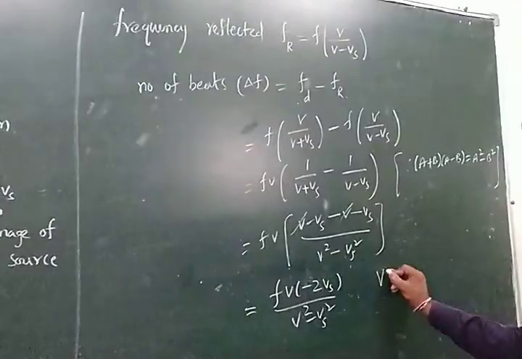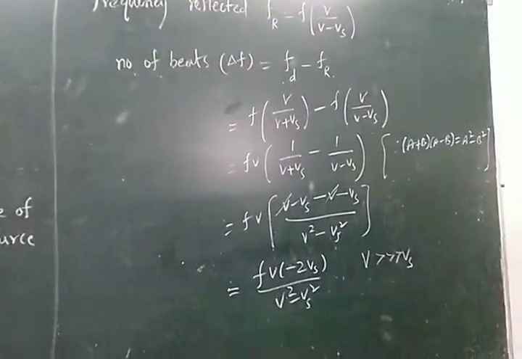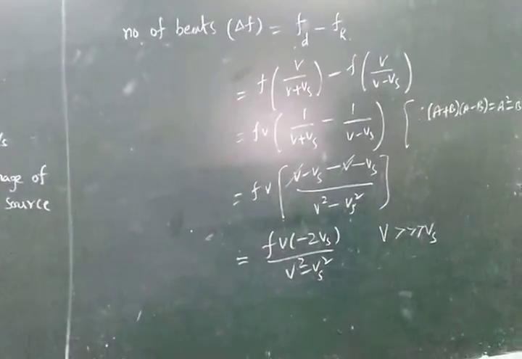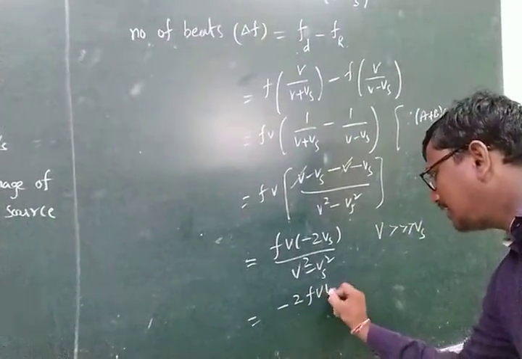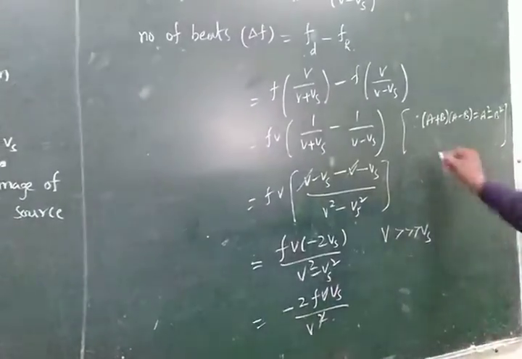Here the velocity of sound is greater than Vs, the velocity of the source, so Vs can be neglected in the denominator. Then it is minus 2FV into Vs by V square, and V gets cancelled.